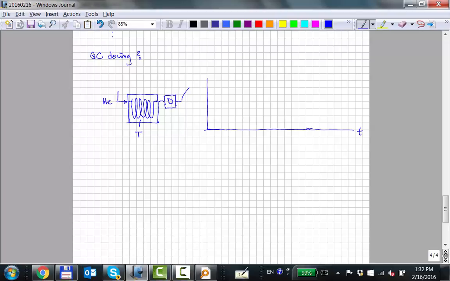And then what we do is inject our sample. Just a small amount, I don't know how big is small, either the flash gas or the flash oil, a microliter or something. They inject it together with the helium. Let's say it's the flash gas.